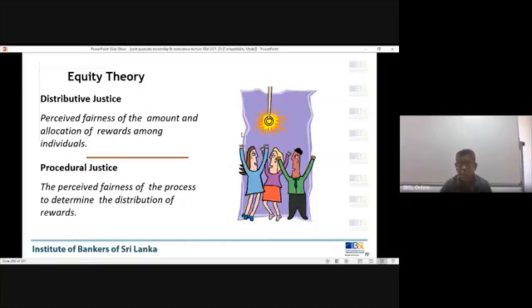So through equity theory you compare the efforts I made with another person in a similar place. A simple example, in very simple language: your output and your input should be equal to another person's input and output.